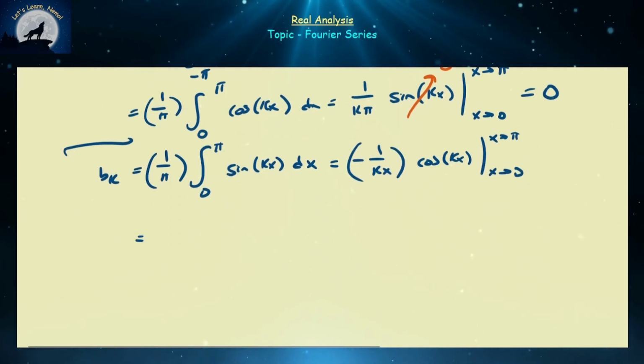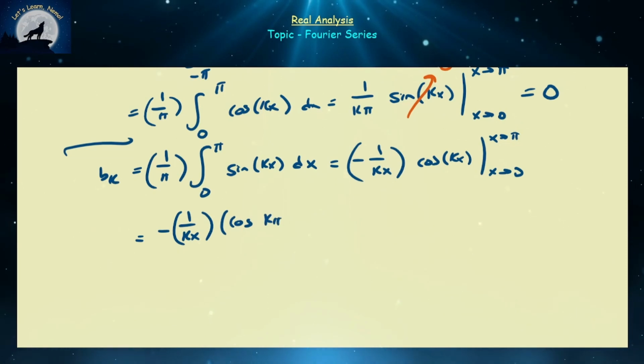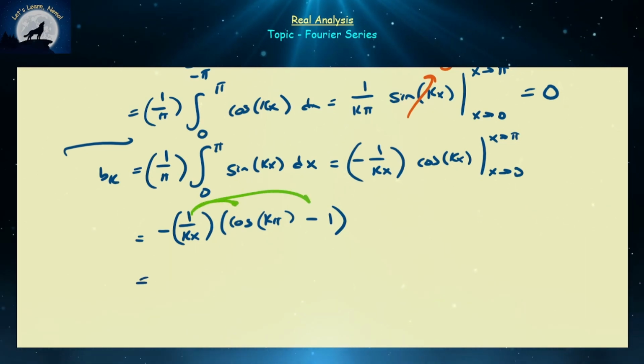So that's going to be equal to minus 1 over k times cosine of k pi minus cosine of 0, which is going to be equal to 1. And that's going to be equal to what? So let's just distribute this in and reverse the order. So that's going to be equal to 1 over k, and let's also not forget our lonely little term here.